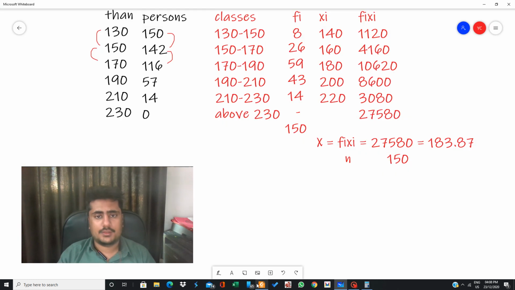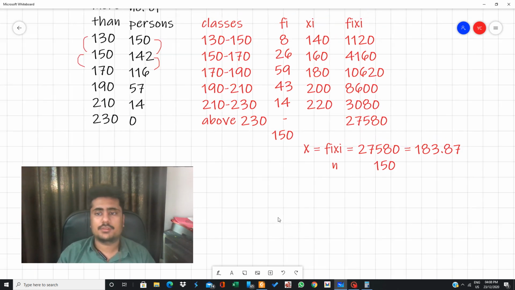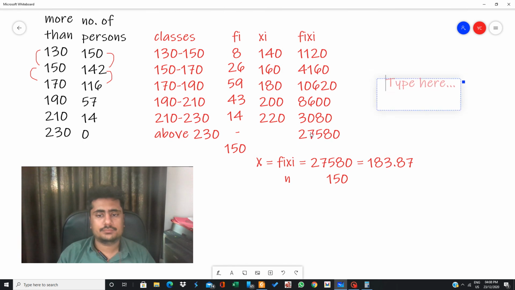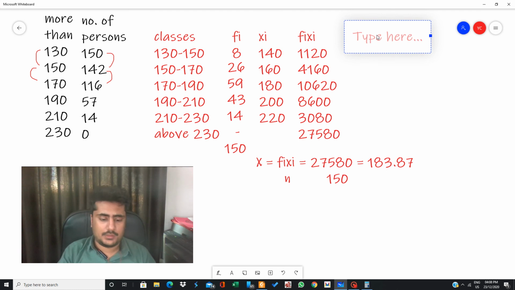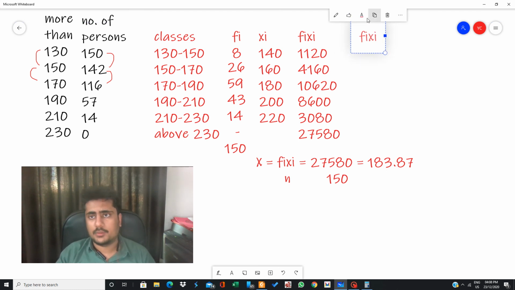Then let us find fxi square to find the standard deviation. How to find fxi square? You have to multiply fxi into xi.